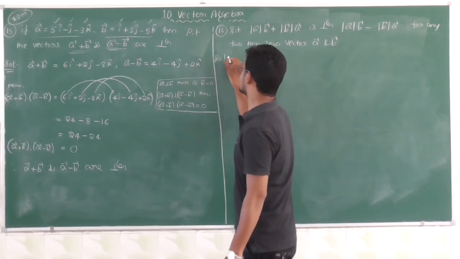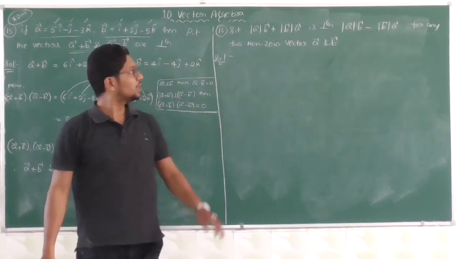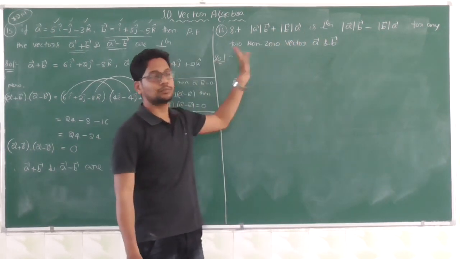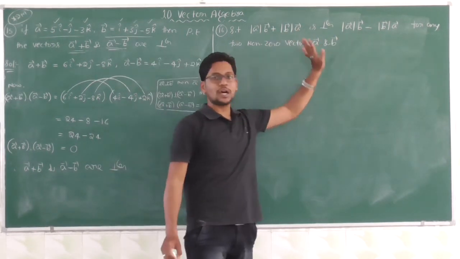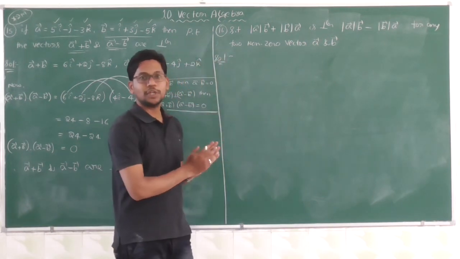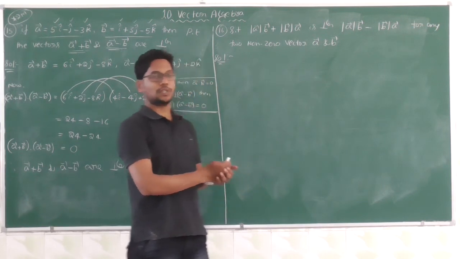Solution. Here we have to prove that these two vectors are perpendicular. What is the condition for perpendicular? The dot product of the two vectors equals 0.